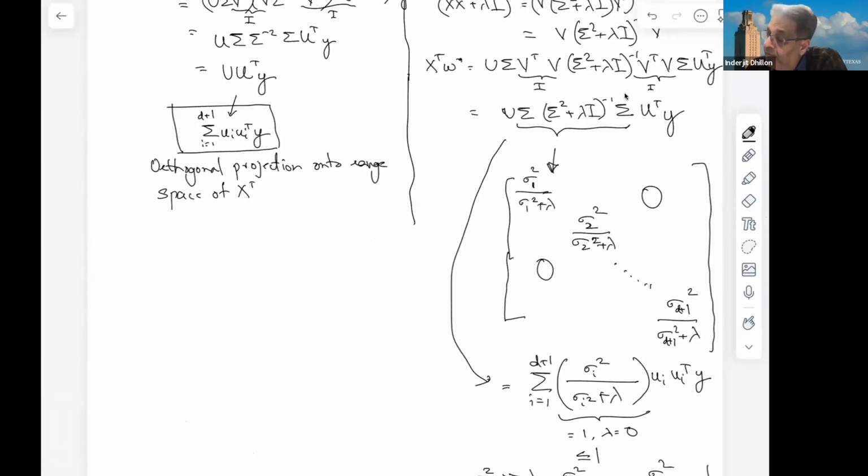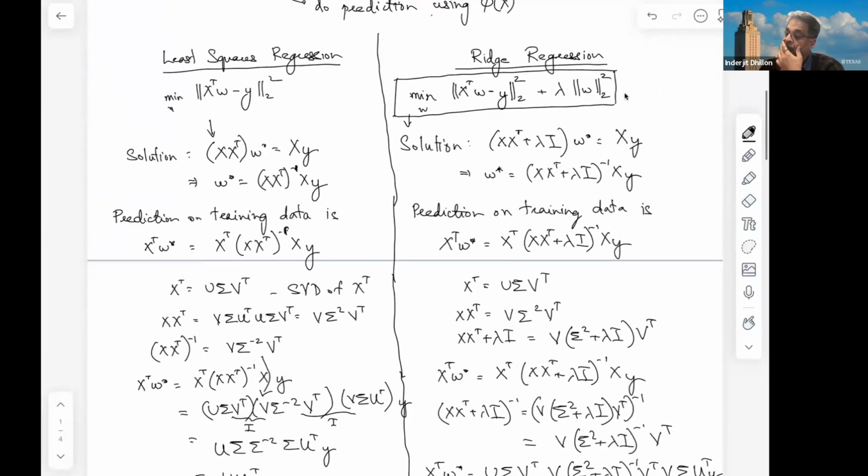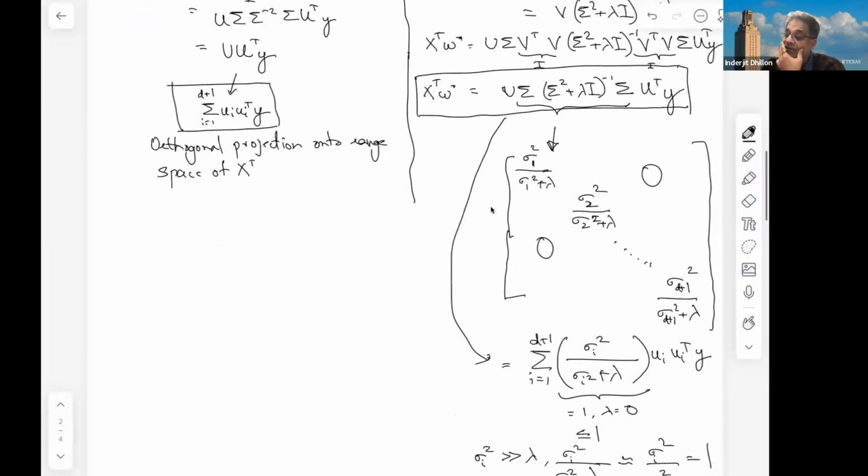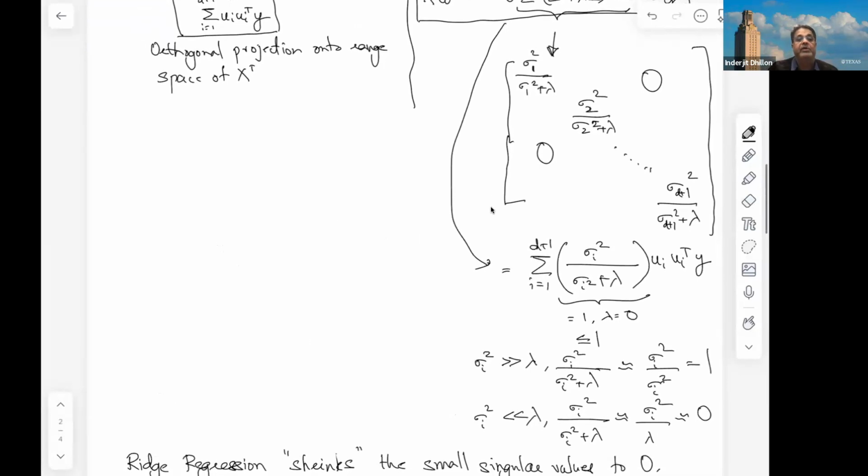Yeah, let me finish. So you basically get this. The solution is this. And what it says is that to solve for this minimum W, that's equivalent to saying that you're going to take the small singular values and start ignoring them.